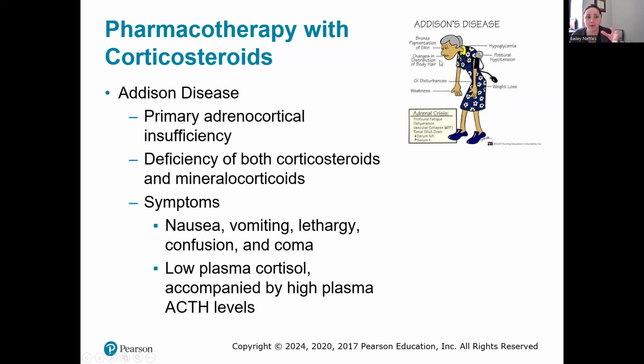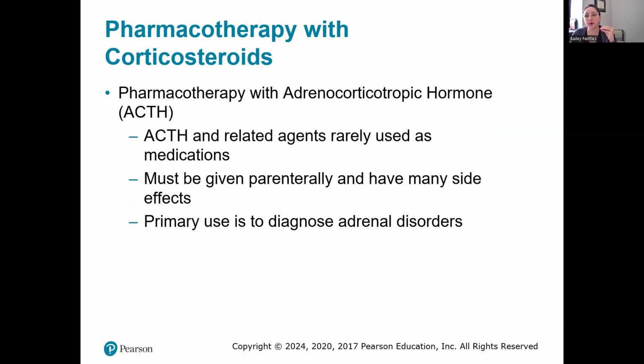You see, this is a woman that has a mustache, okay? And then they have that bronze skin. So nausea, vomiting, lethargy, confusion, coma, low cortisol levels, accompanied by high plasma ACTH levels, okay? So that's the adrenocorticotropic hormone. That's the ACTH.